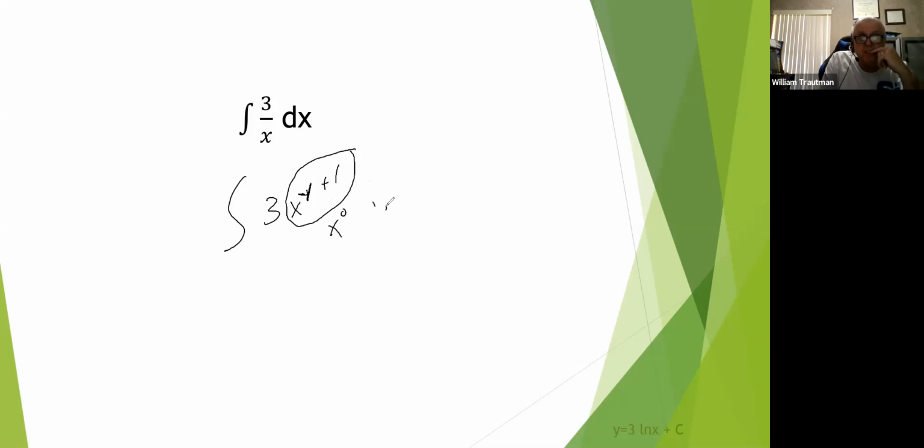You can't do that, since you can't add 1 to a -1 and get a 0. By the way, when you integrate this, it's the same thing as bringing this 3 in front and integrating 1 over x, 3 times 1 over x.